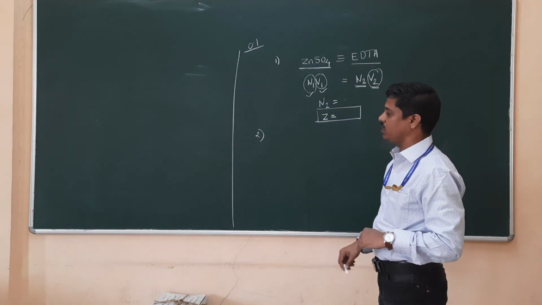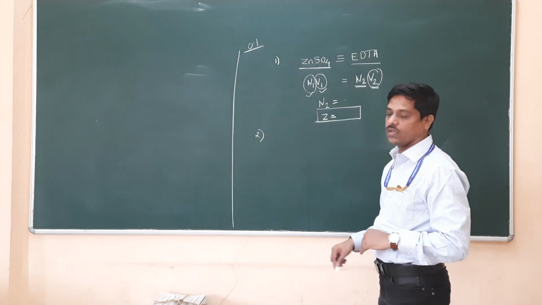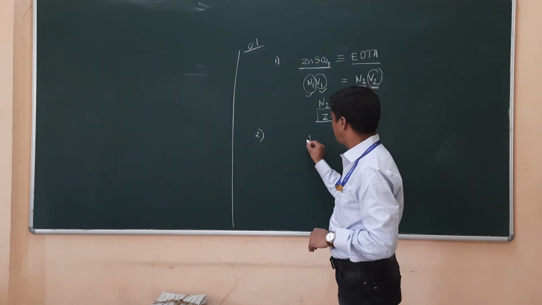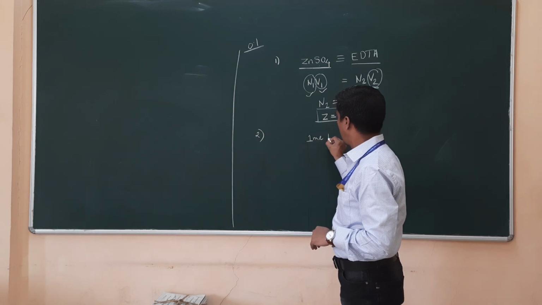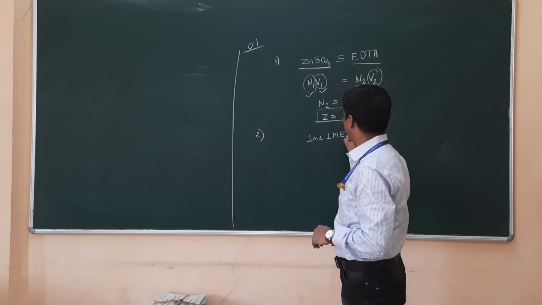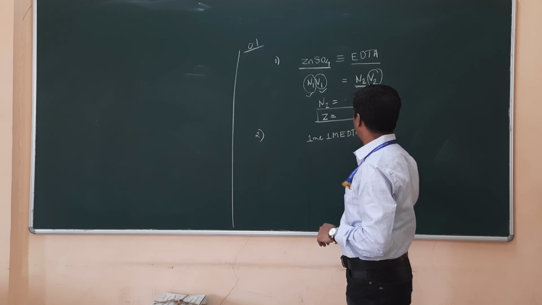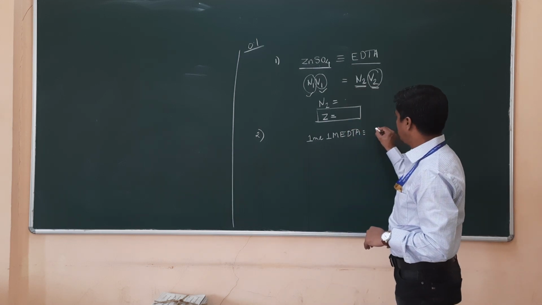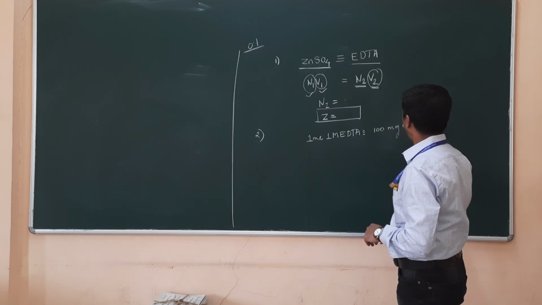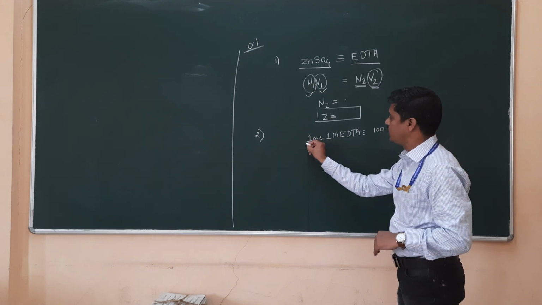Now the second part is the calculation of hardness. During the calculation of hardness, you know how to calculate the hardness. 1 ml, 1 molar EDTA corresponds to 100 milligram of CaCO3, calcium carbonate equivalent hardness present, if burette is 1 ml.